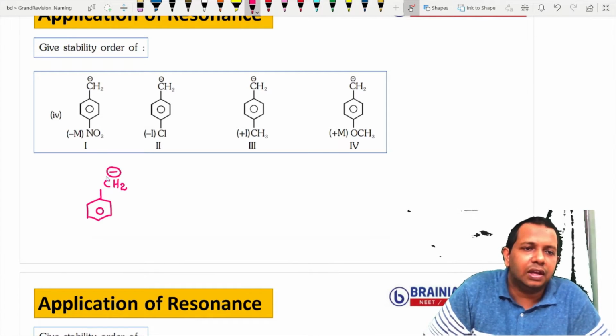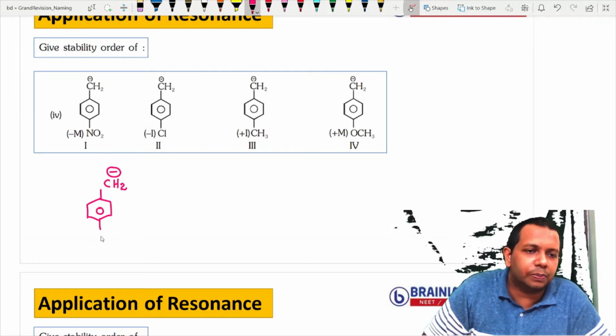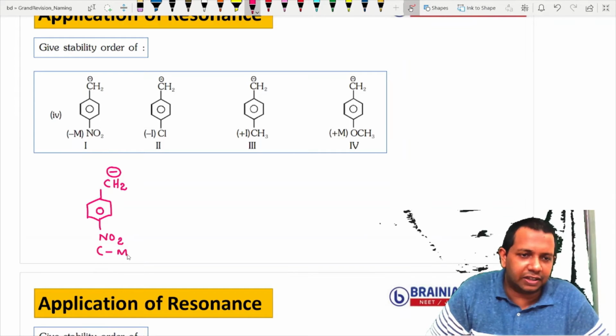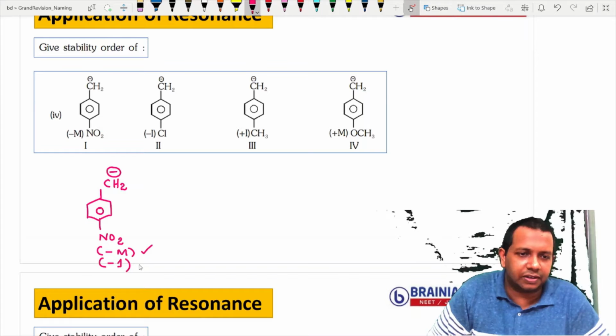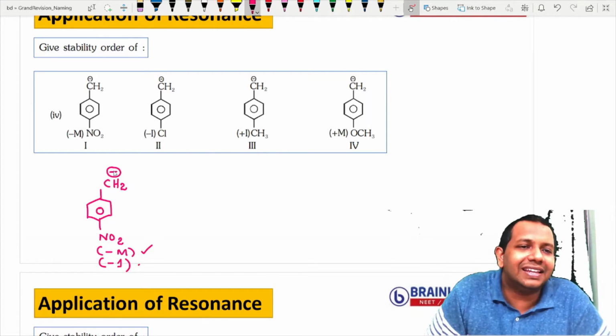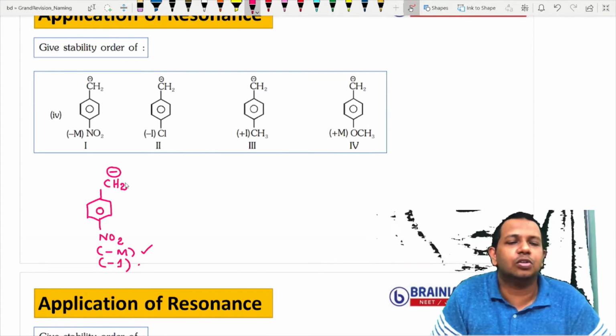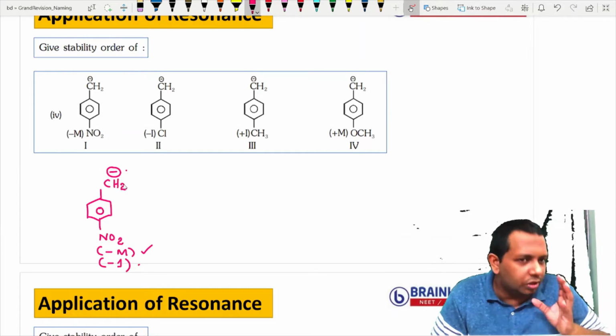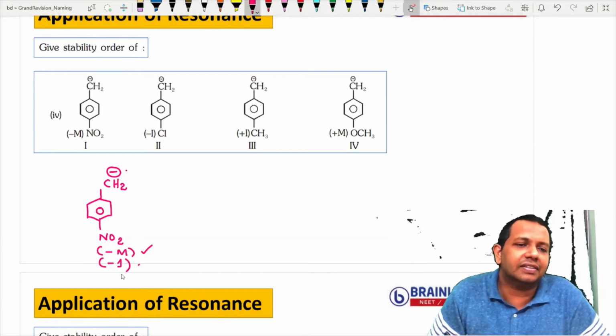And you have an NO2 group present at the para position. Now we know the NO2 group has what effect? Minus M effect, and it is at the para position, so it is applicable, and it also has a minus I effect. Now we know that negative charge is present here. To make this compound stable, the negative charge density should decrease. So what will the minus M effect do?